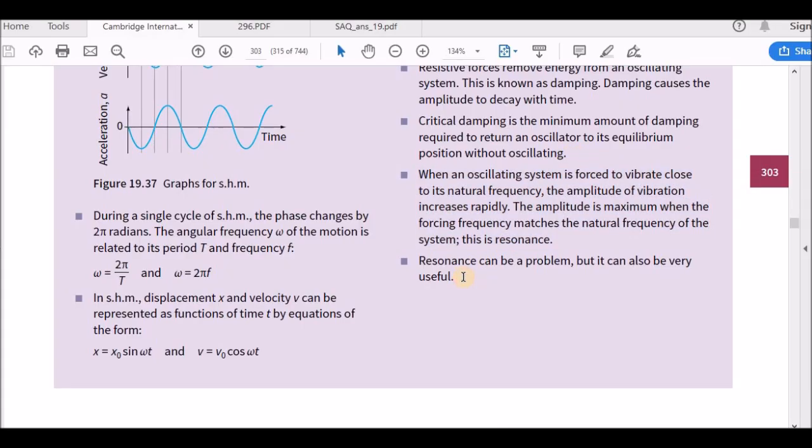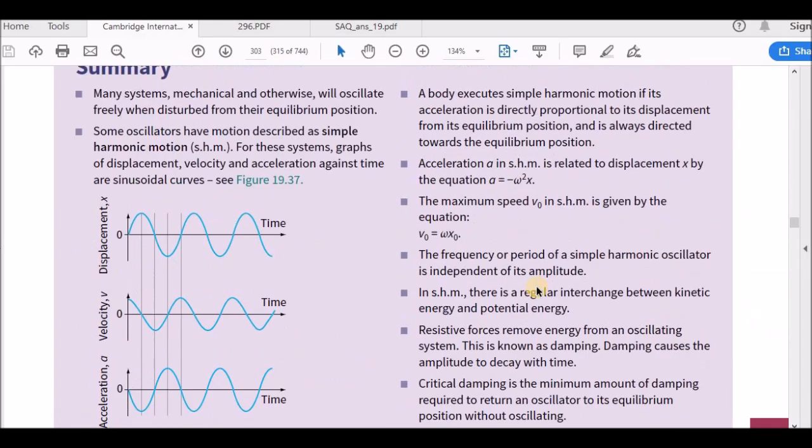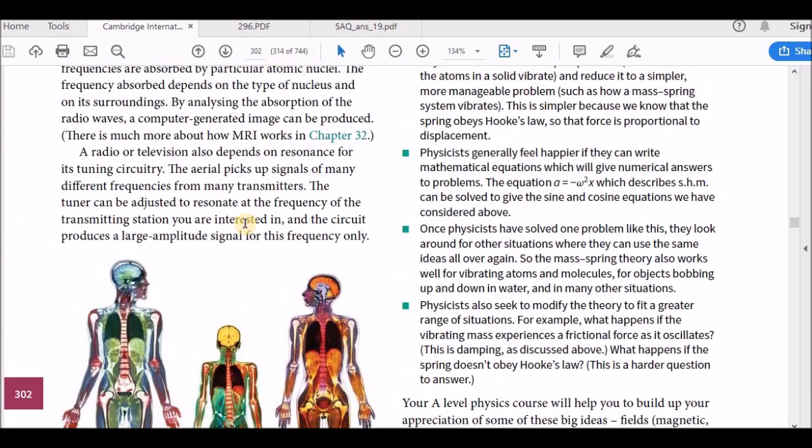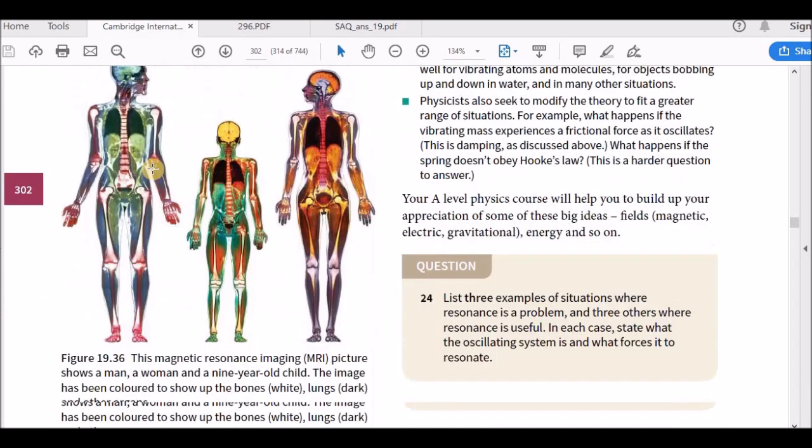Resonance can be a problem, but it can also be useful. We saw some uses of resonance, for example MRI, the microwave, and also radio or television signals, to pick up the signals in its tuning circuitry.